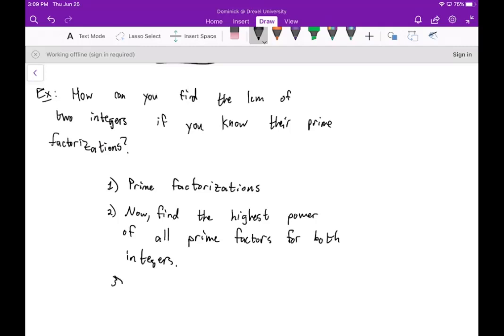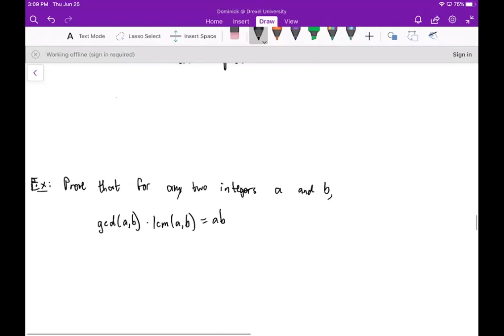And then of course, the last thing would be to find their product, and then that's your LCM. All right, and we'll do an example that involves that.